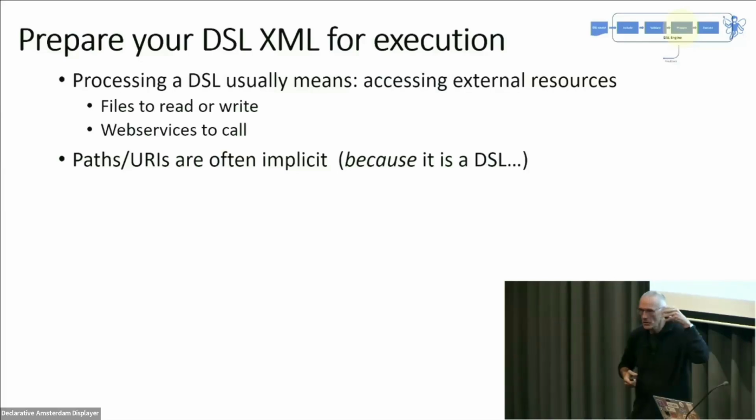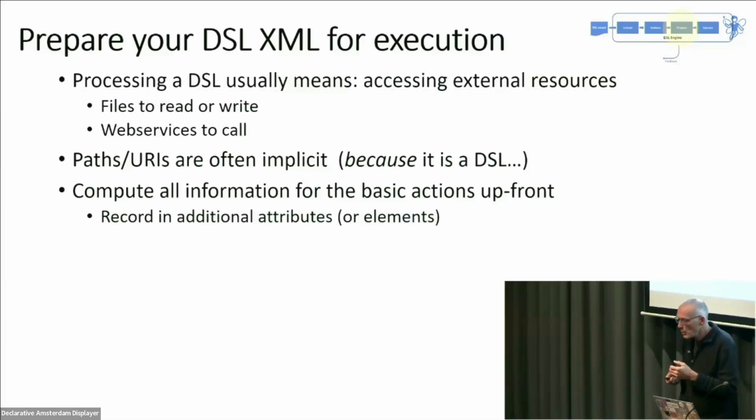And there are lots and lots of these kinds of things that are implicit to your domain that must be resolved. My suggestion is to compute every URI upfront and make them absolute. So put all this domain-specific knowledge into an upfront computation and record these in additional attributes or elements or whatever.